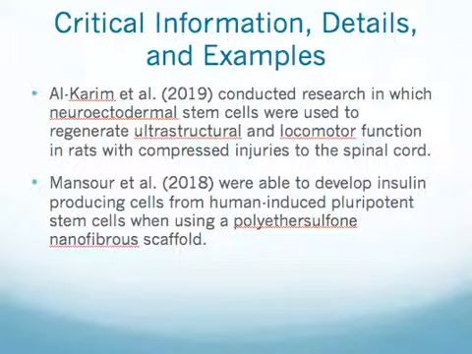The cells in culture would not form the three-dimensional structure necessary in order to mimic the beta cells of the pancreas and the islet formation, so they weren't able to produce the insulin properly. But by using the polyether sulfone or PES nanofiber scaffold, it was able to allow the cells to form the 3D structure necessary to form an islet, and they actually produced functioning human insulin. So it's showing promise there as well.